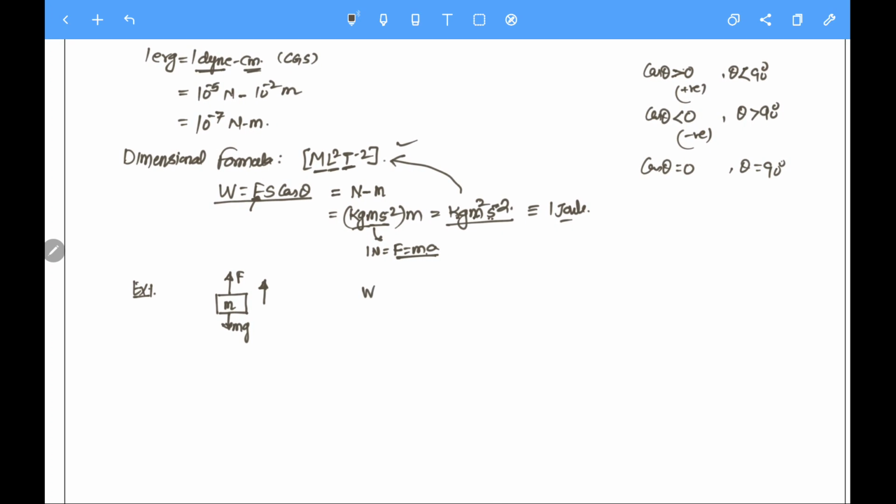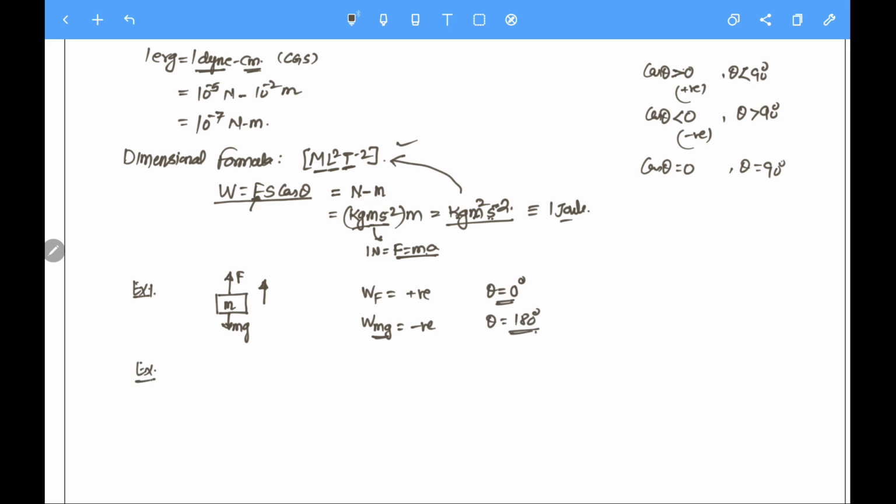Now we have to find the work due to the force and work due to the gravitational force or the weight. Here this work will be positive because the angle between force and displacement is 0 degree. And in case of the gravitational force mg, work will be negative because the angle between them is 180 degree.